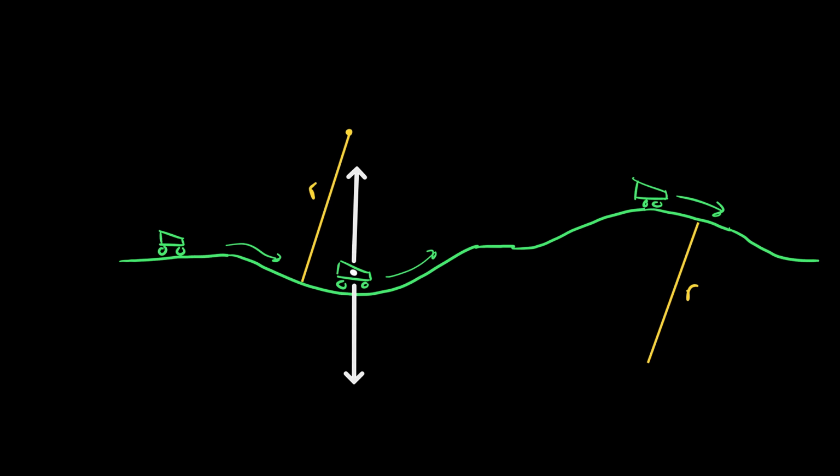Therefore, it has to be unbalanced towards the center of curvature. The only way that happens is if the normal force is greater than the weight. It's the only way that happens. So when you go in the bottom of a dip like that, your net force is unbalanced because you're traveling in a circular path.